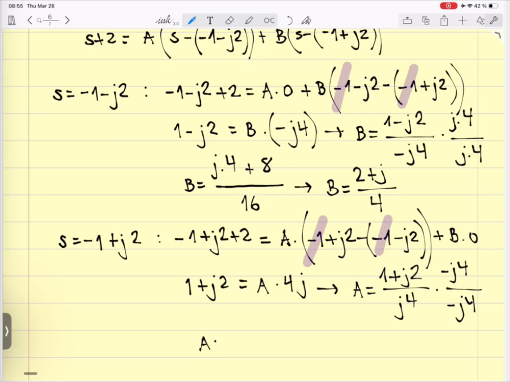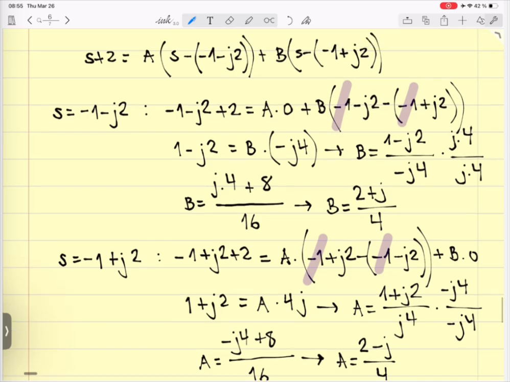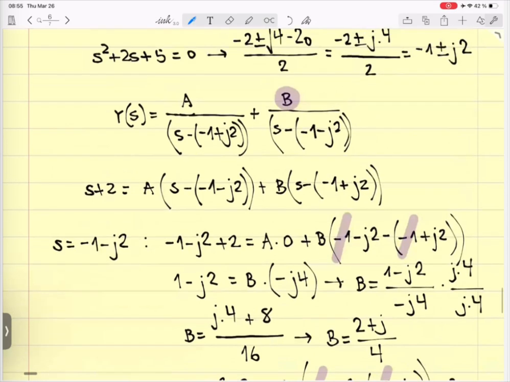We get that this is going to be minus j times 4 plus 8 divided by 16. So a is going to be (2 minus j) divided by 4. Okay, we have a.